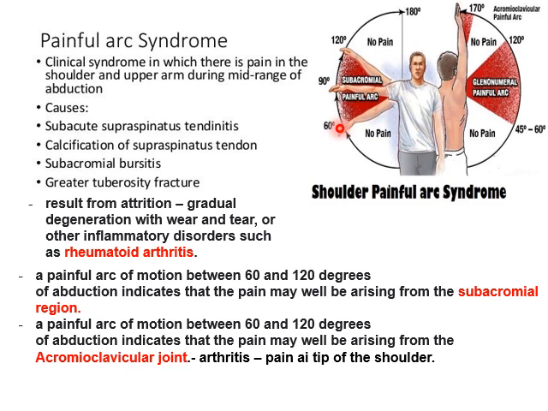That is because of the pathology mainly to the supraspinatus muscle and subacromial bursitis, and of course the greater tuberosity fracture as well, where a few of the rotator cuff muscles are inserted onto the greater tuberosity. And if the pain is felt at 170 to 180 degrees, almost at the vertical part of the elevation of the hand, then the pathology is at the acromioclavicular joint.